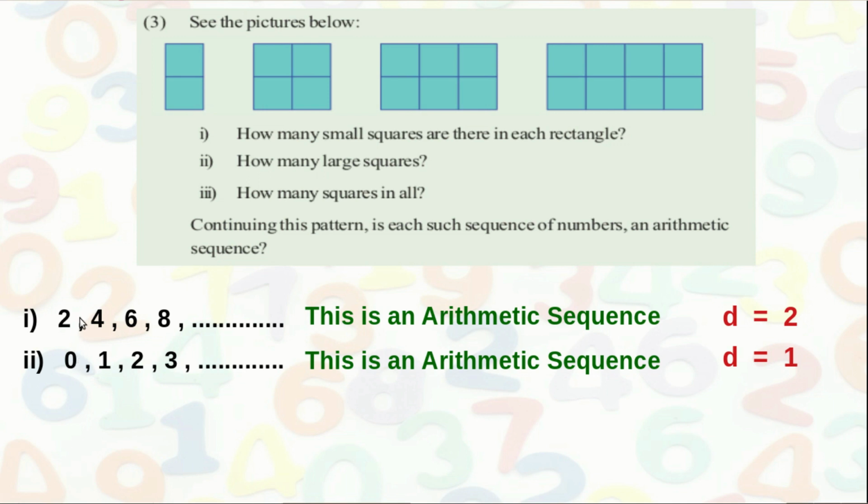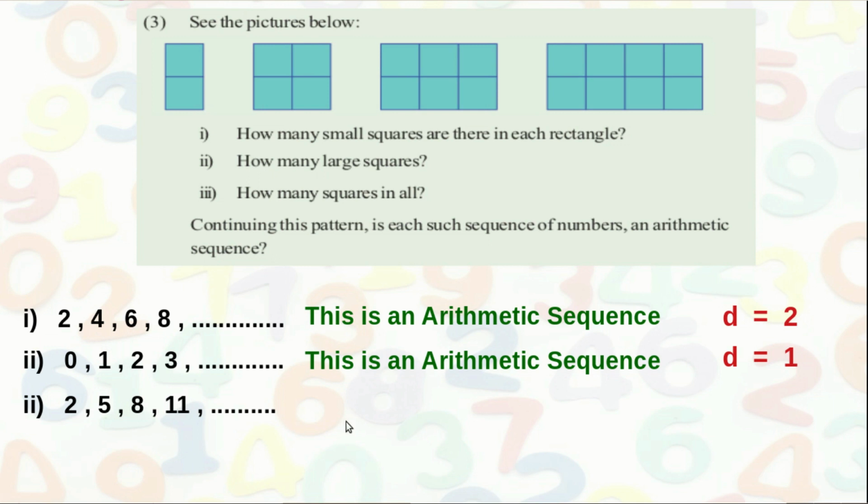Number of squares in the second figure, 4 plus 1, 5. Number of squares in the third figure, 6 plus 2, 8. And next figure, number of squares, 8 plus 3, 11. The sequence is 2, 5, 8, 11.